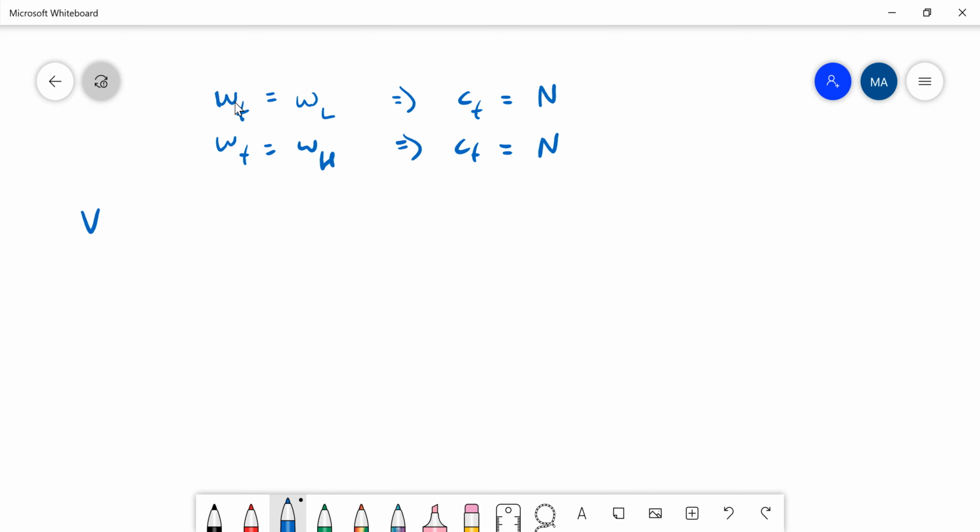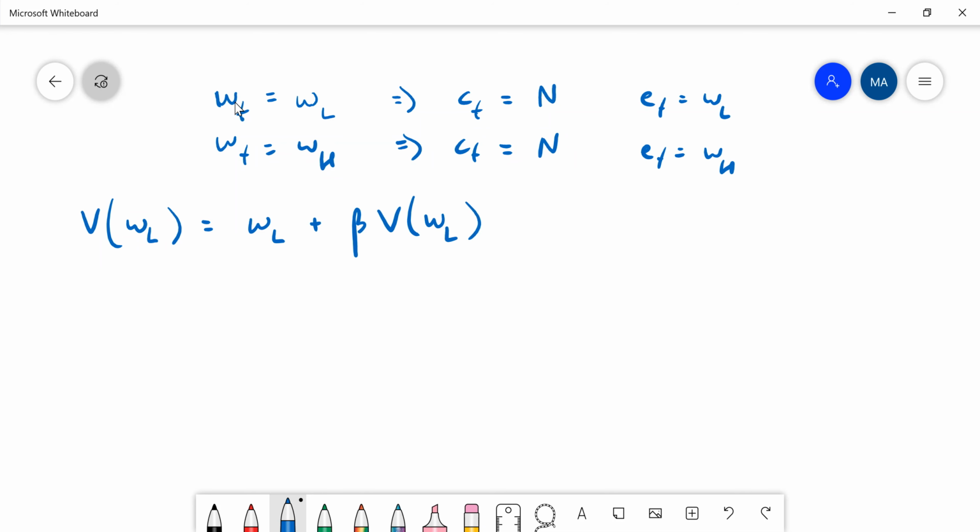Then we can actually do this. We can calculate the value of being a low-wage worker. Now, since I'm not searching for a new job, I do not pay the cost, right? So W_t is equal to W_L, here W_t is equal to W_H. So at the end, my wage remains the same, right? Since there's no search, W_{t+1} will be equal to W_t, all right?